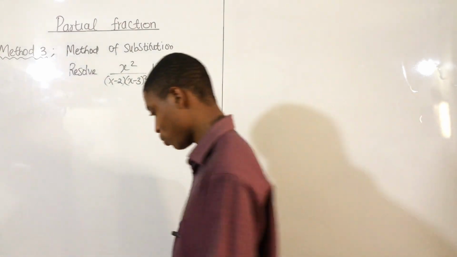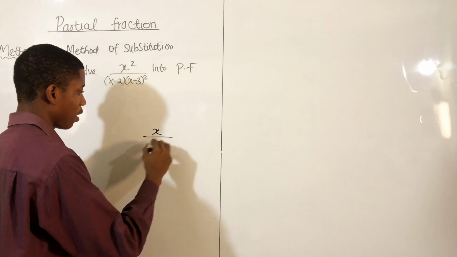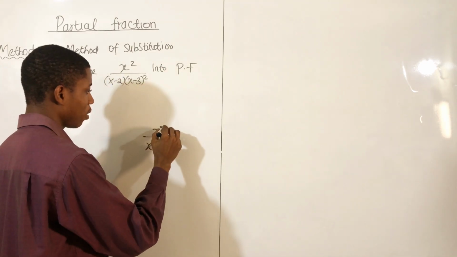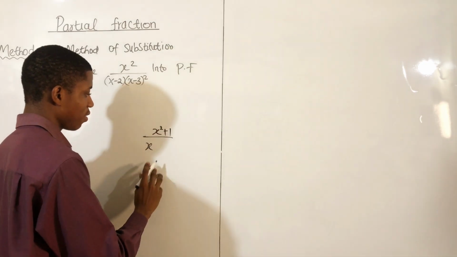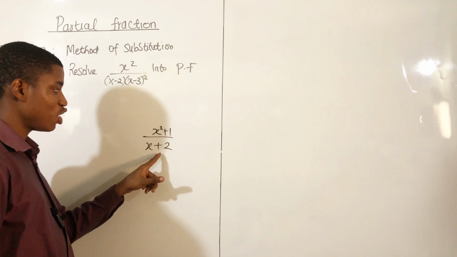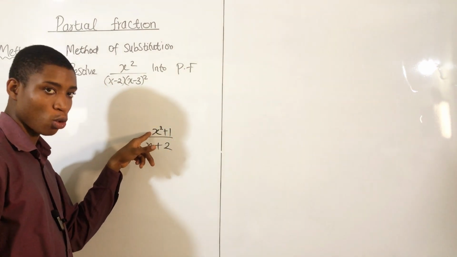For example, you cannot solve a question where you have, let's say, x squared plus 1 over x plus 2. The degree in the denominator must be higher than the degree in the numerator.